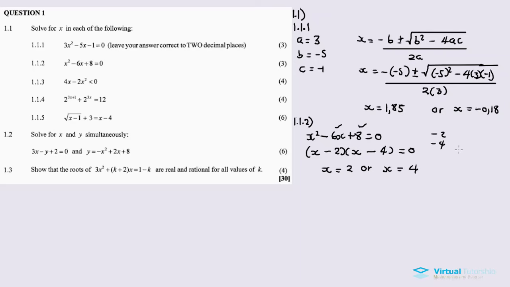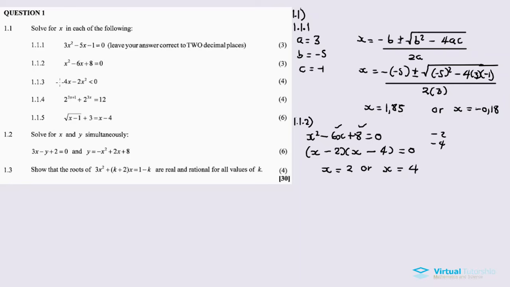Now 1.1.3 is 4x minus 2x squared less than 0. It's a quadratic inequality. We simplify this as if it's a quadratic equation, but after you calculate your roots, you need to use a number line or a graph, a parabola, to find your solutions, right?